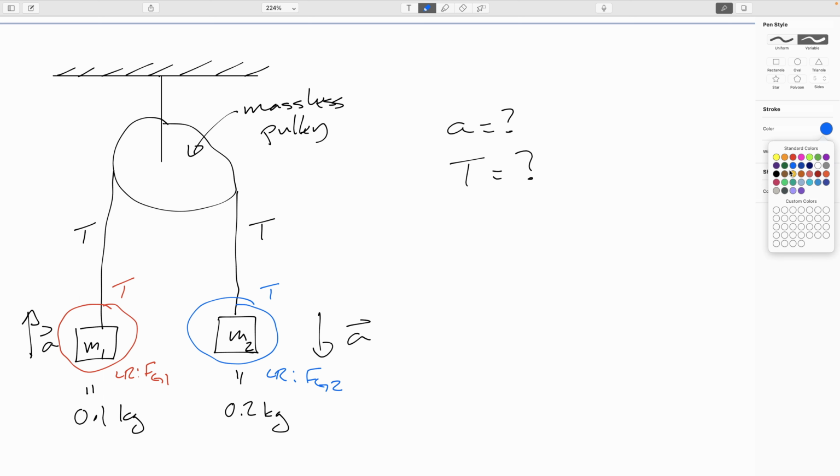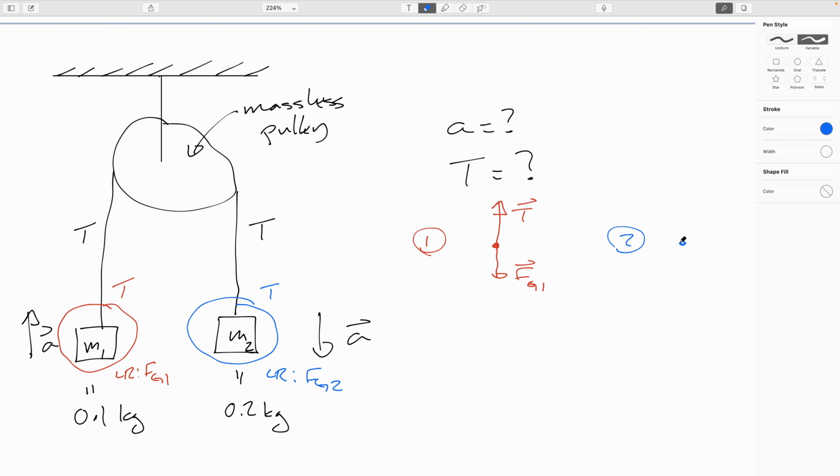All right, so now let's go ahead and draw free body diagrams for each of these. So for system number 1, the red system, we will have the force due to tension pointing up, and we will have Fg1 pointing down. And for system number 2, the blue system, it's going to be the exact same deal.